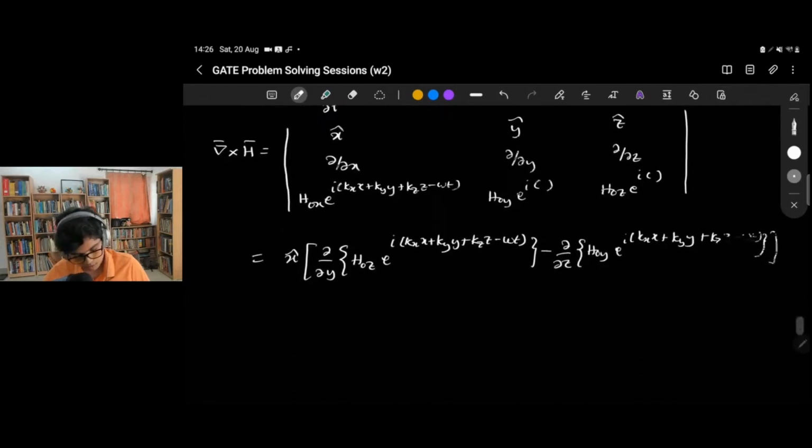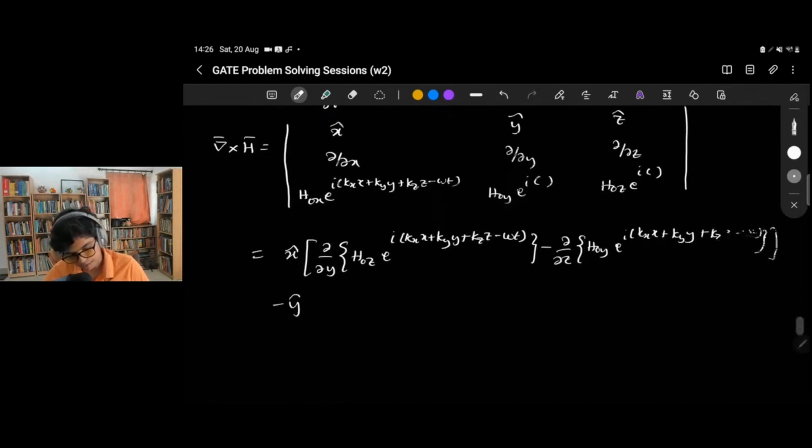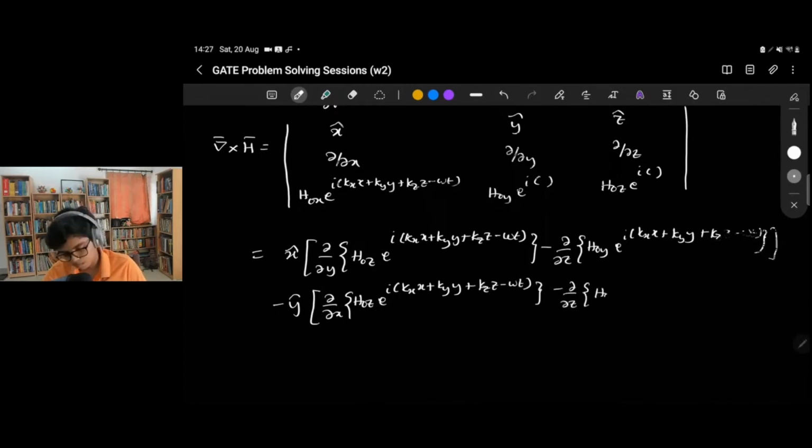So this is for x cap, then negative y cap, same exponential term again, and finally the z cap term.